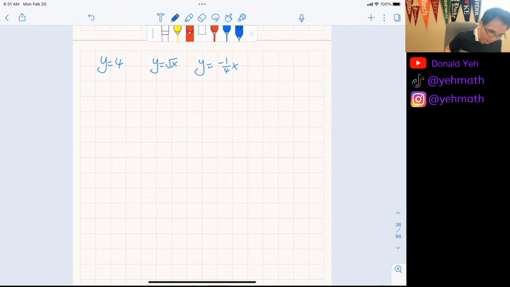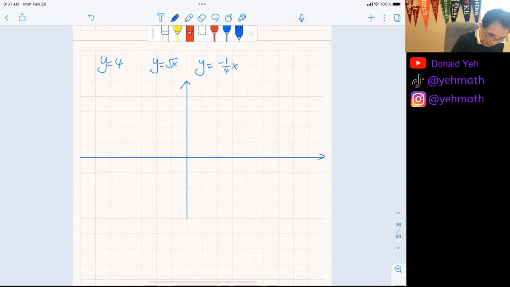Can you set up the area between those regions? Draw it first, then write out the integrals, and then if you can, evaluate it. But the work is a lot, and we're gonna talk about how we make it shorter.